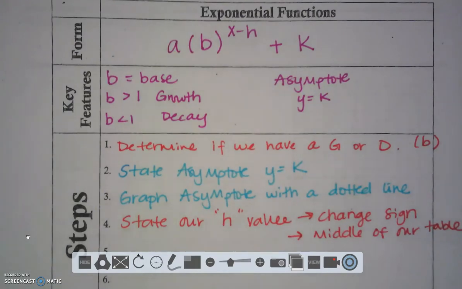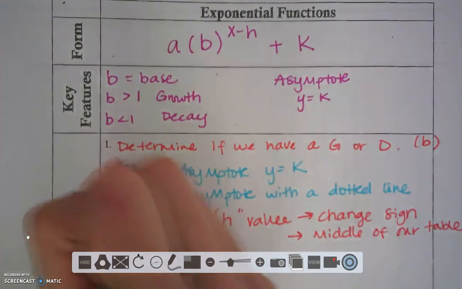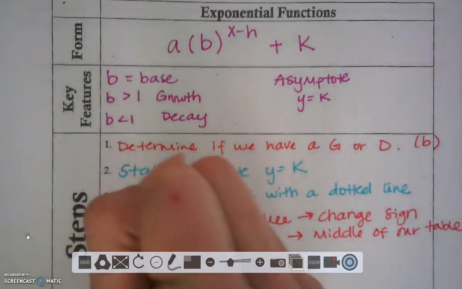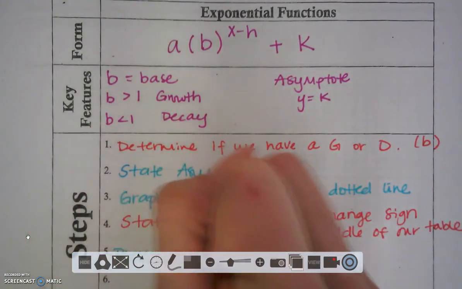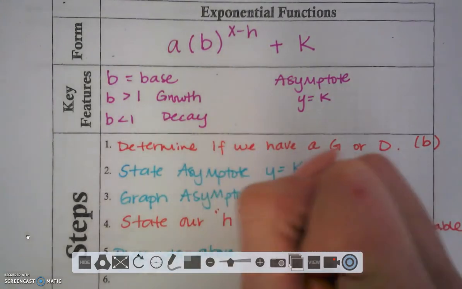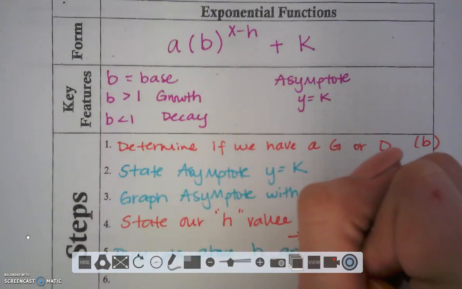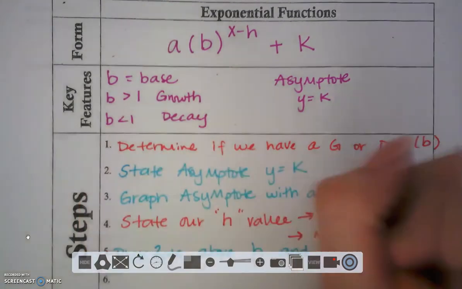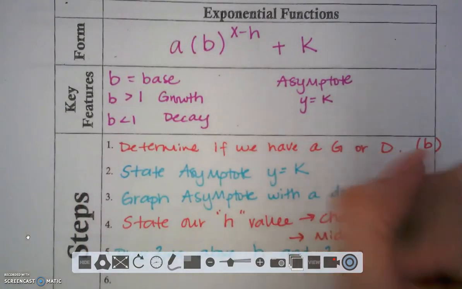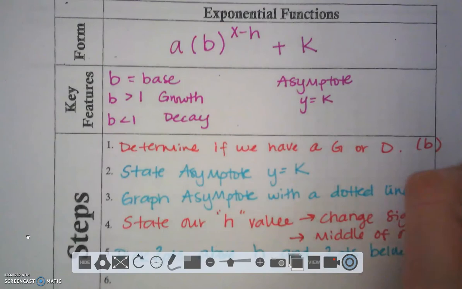Once we have done that, again, so similar to quadratics, you're going to pick 2 points above h and 2 points below h.